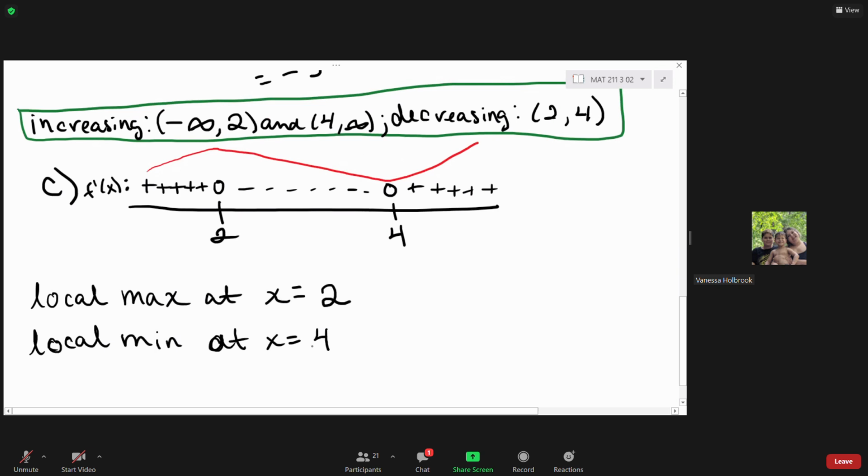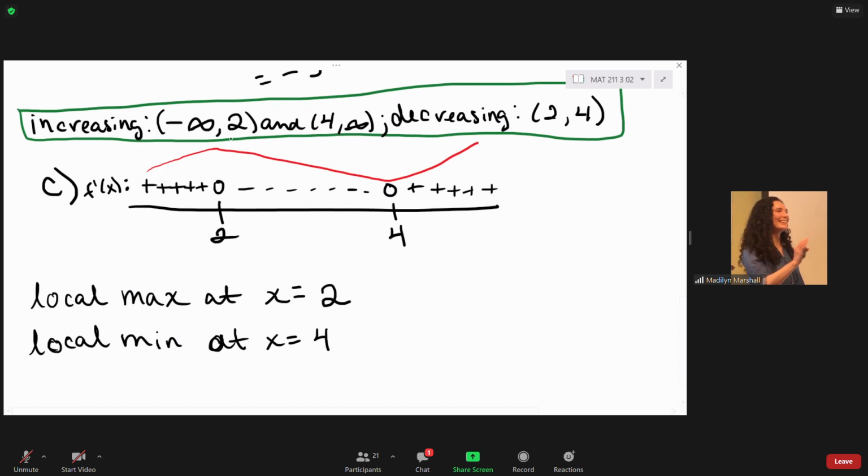Exactly. Is it also considered a minimum because it's coming from negative infinity? No, because that negative infinity is just that whole interval.